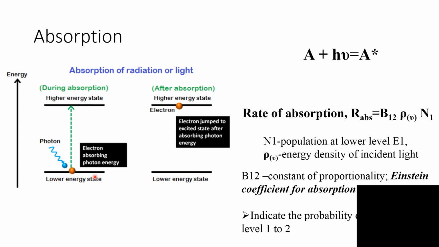This is energy level 1 and this is energy level 2, because by absorption we get a transition from energy level E1 to E2. Okay, I think it's clear to you now, and we can easily move to the next slide.